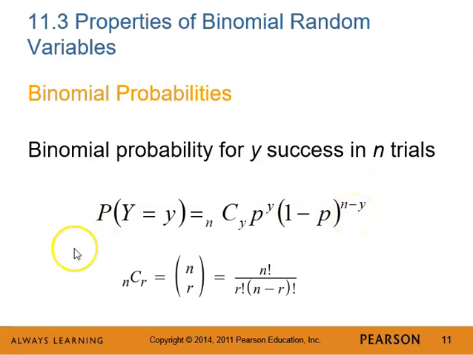So if you have 10 trials and 4 of them were successes, this is the probability of success to the power 4, and probability of failure to the power 6, because 10 minus 4 is 6, right? And I will teach you how to use Microsoft Excel to calculate this, and you don't have to actually do anything. You just plug in the number of trials, the probability of success, and also the y value, and Microsoft Excel will calculate it.